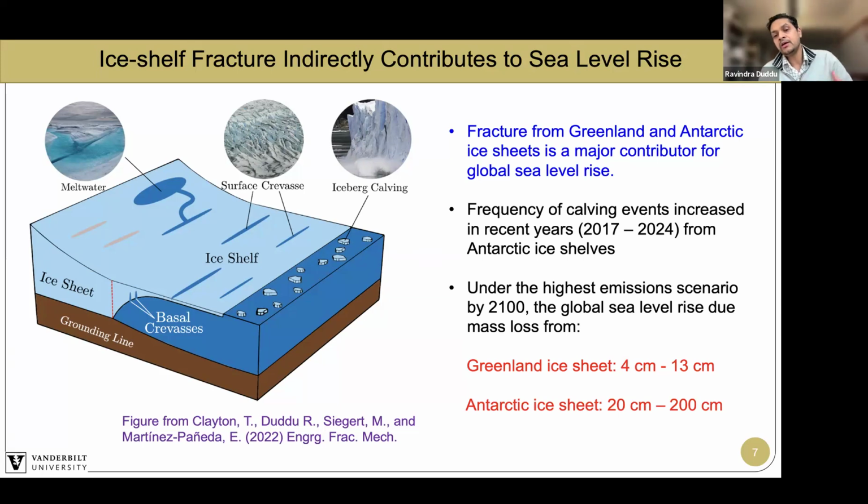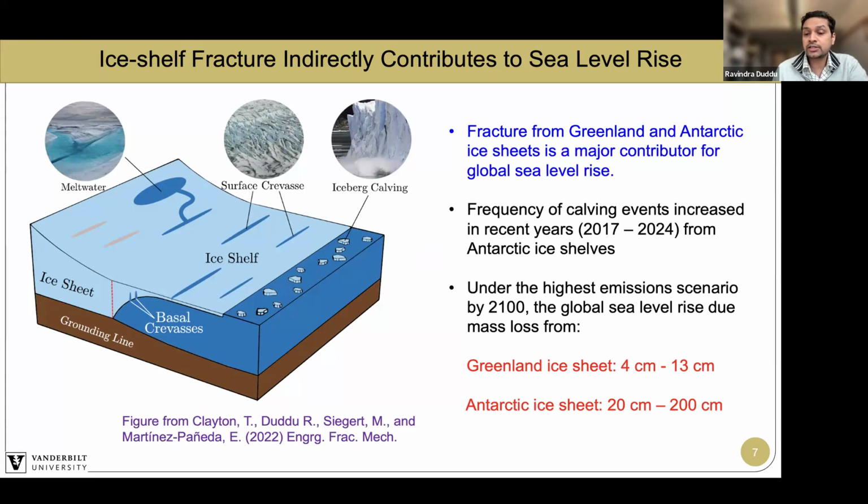Sorry, I didn't put the references for this as they were from multiple sources and it cluttered the slide. But what I wanted to point out with this is that there is a lot of uncertainty. That means that 4 centimeters is 3 times the 13 centimeter upper limit estimate.